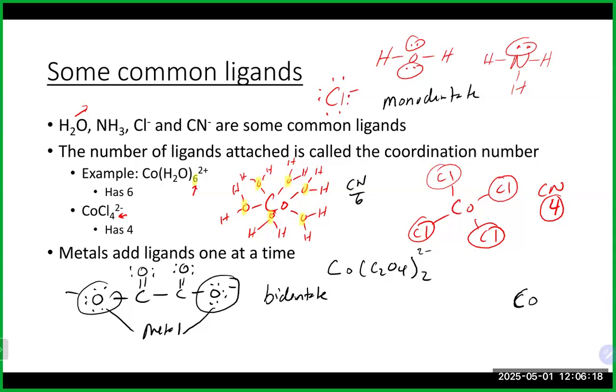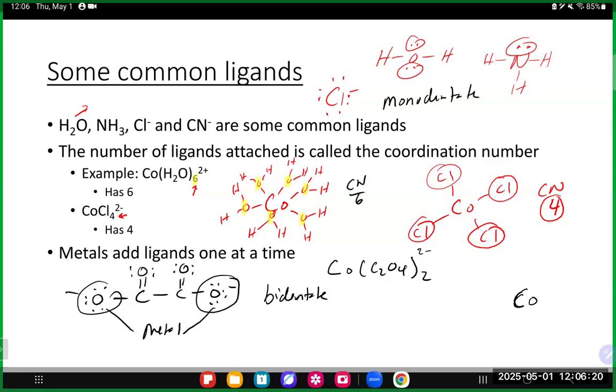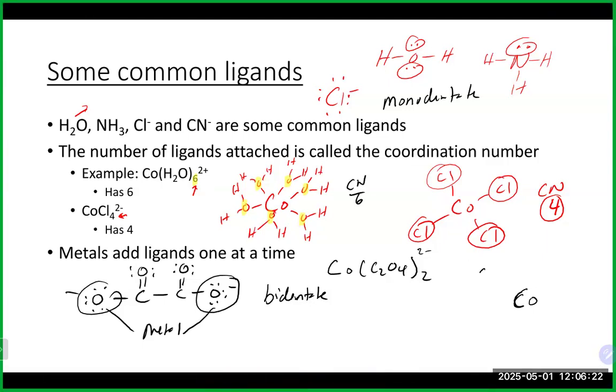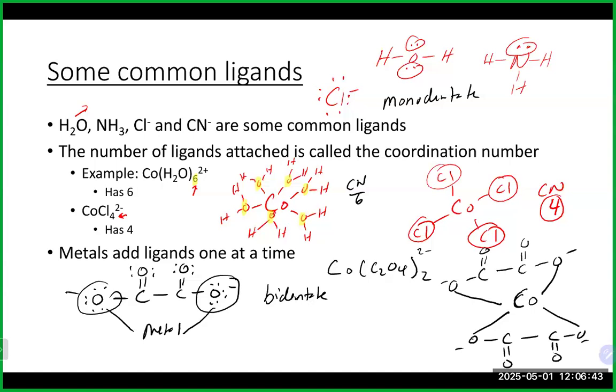So if we were to draw our oxalate over here with our metal, I won't draw the electrons this time, it's going to attach here and here. Then we have a second oxalate, which looks like this, and it will also attach there and there through the single bonded oxygens.